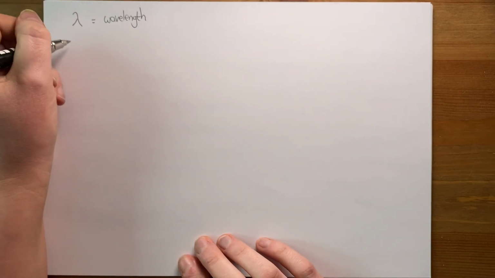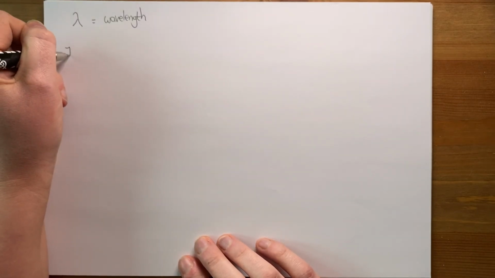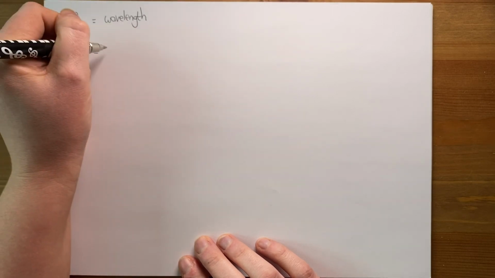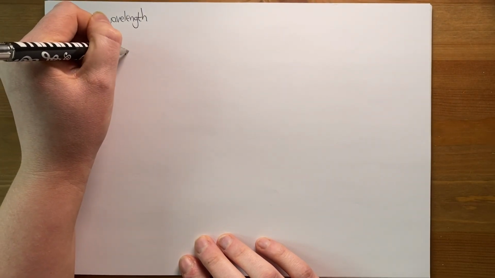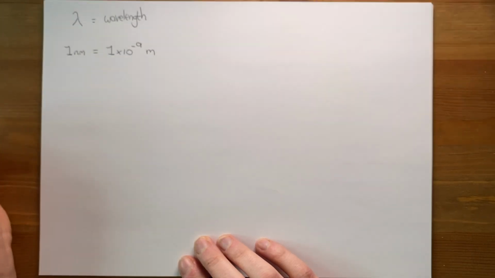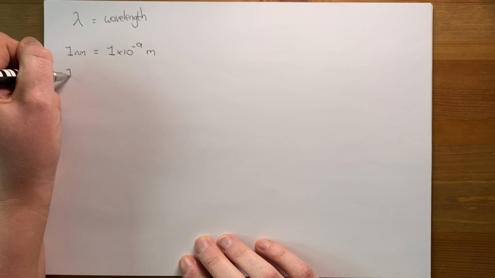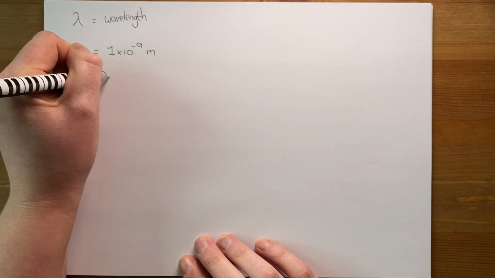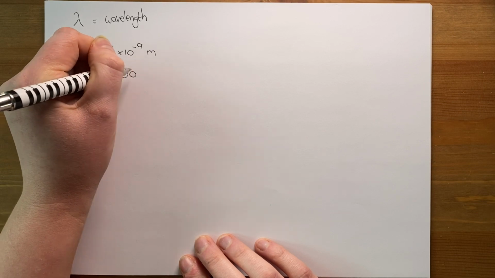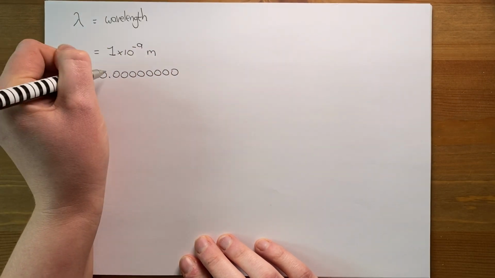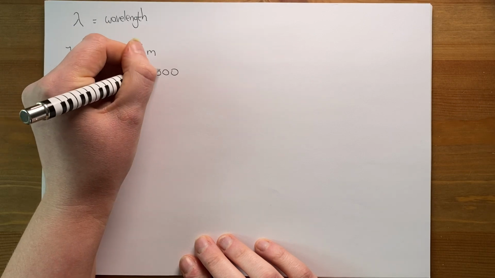This is where we need to have an idea of our conversion. One nanometer is the equivalent of 1 times 10 to the minus 9 meters. So if I have 1 nanometer, that equals 0.000000001 meters. I needed to count all my zeros: 1, 2, 3, 4, 5, 6, 7, 8.